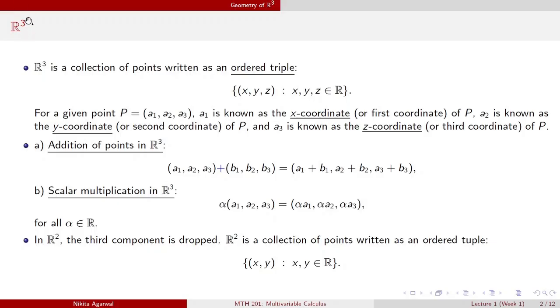The value of n will tell you how many coordinates there are. When this superscript is 3, then you have 3 coordinates. If the superscript is 2, you have 2 coordinates.